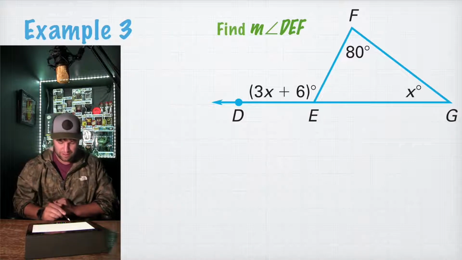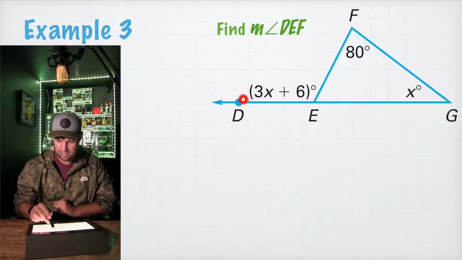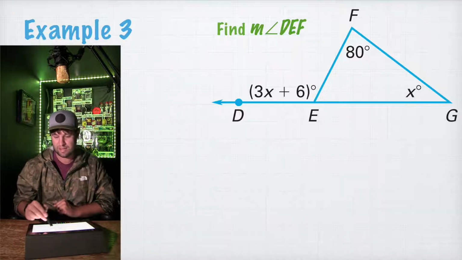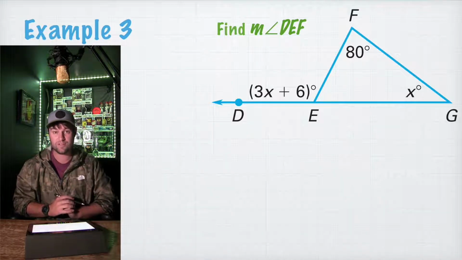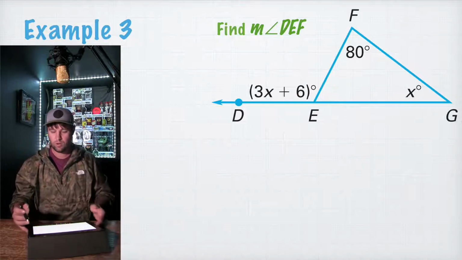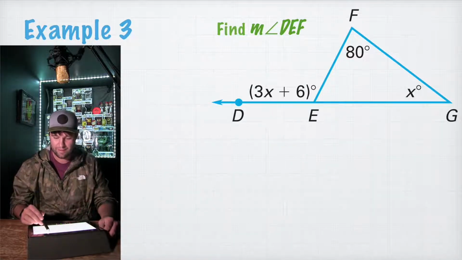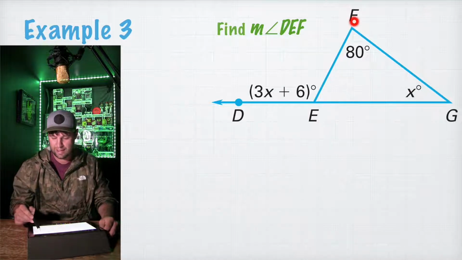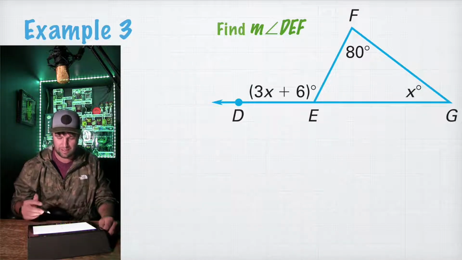So they want us to find the measure of angle DEF. DEF, right here. They want us to find this angle measure. Well, to do that, we're going to have to solve this equation for x. So we know that DEF equals the opposite two angles added together from it. So 80 plus x is going to equal DEF.